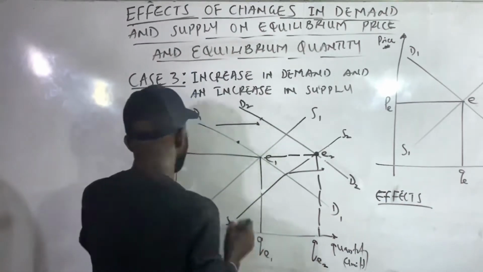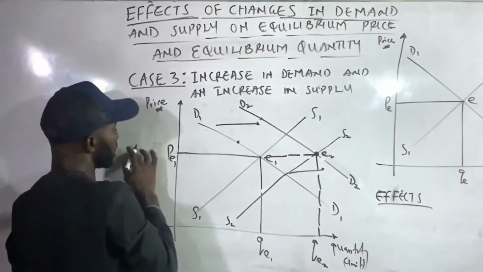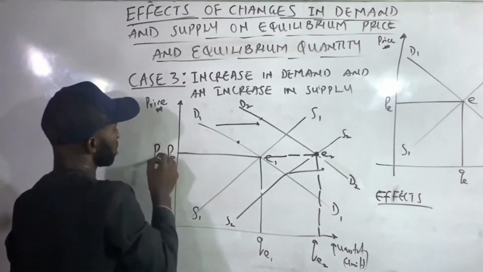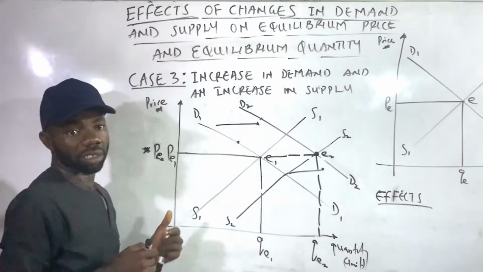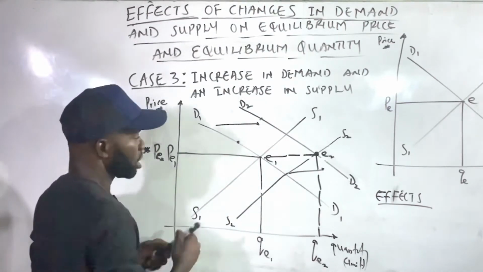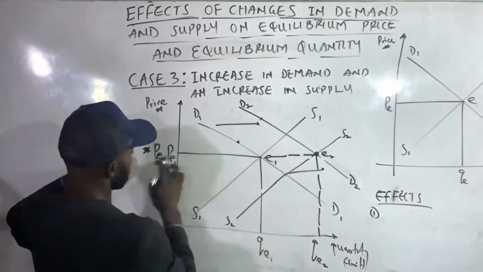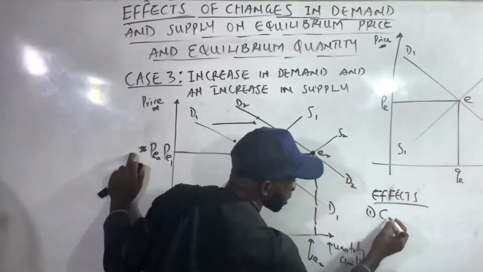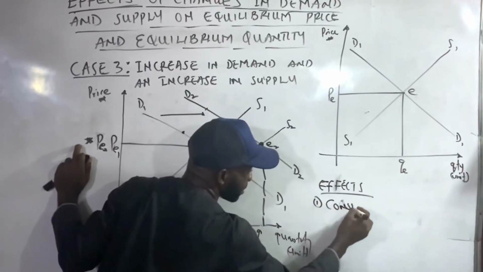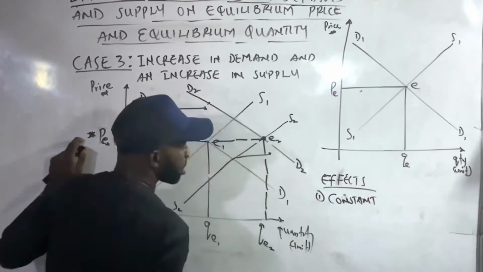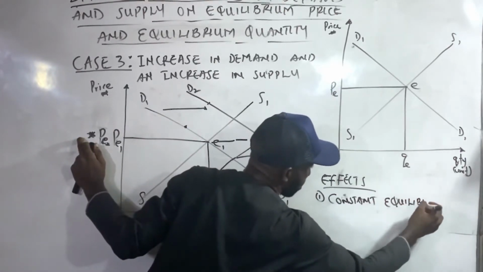Equilibrium quantity 2. Equilibrium price 1 and 2 will stay on the same point. It means that the effect on equilibrium price is what? Constant. First effect, from what you can see, equilibrium price remained the same. So we can just say constant equilibrium price.